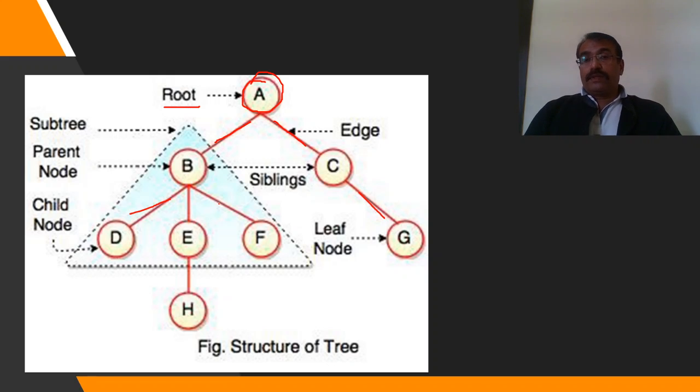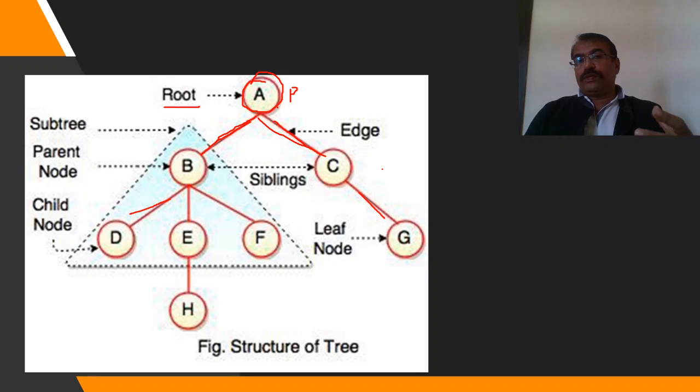What is that manner? We can see that A is leading to two nodes, B and C. So I can say A is the parent of B and C, or B and C are children of A.